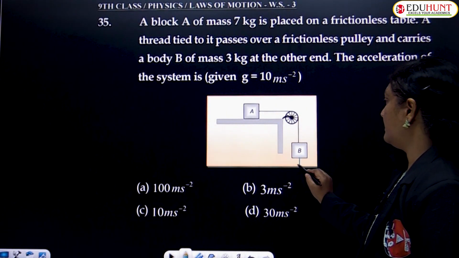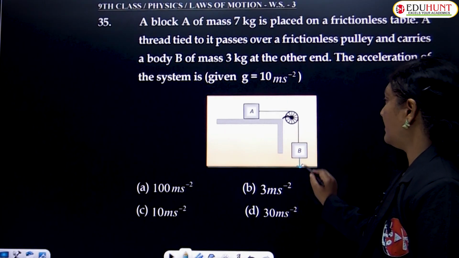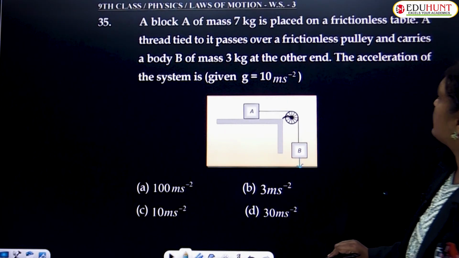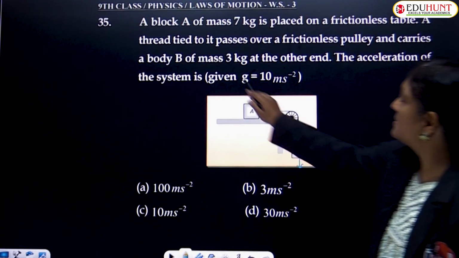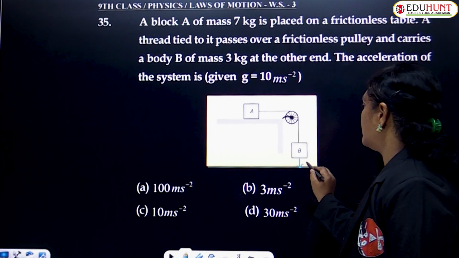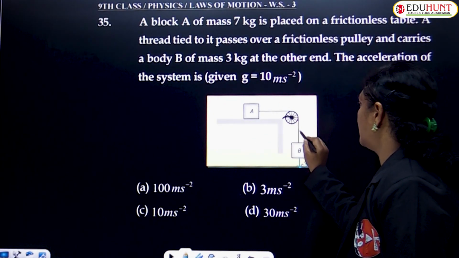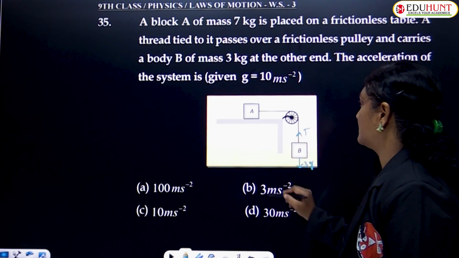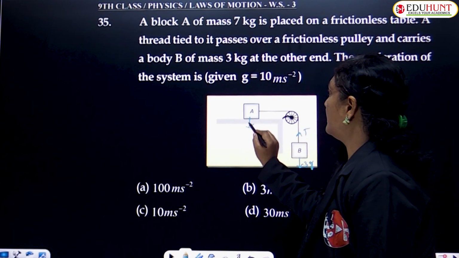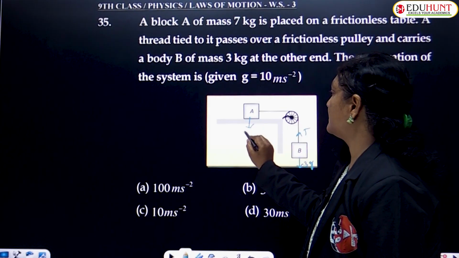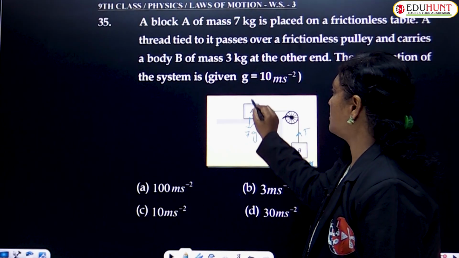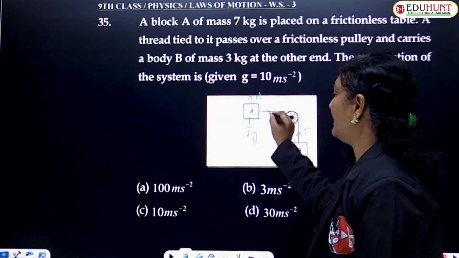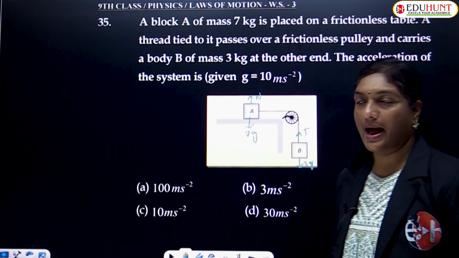Children, clearly in the figure, if you observe, the weight of body B is acting downwards. Mass B is 3 kg, so 3g downwards, tension T upwards. Here the mass of A is 7 kg, so 7g downwards and the normal reaction upwards. Clearly N equals 7g, they are balanced.